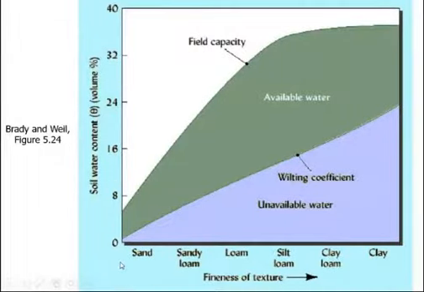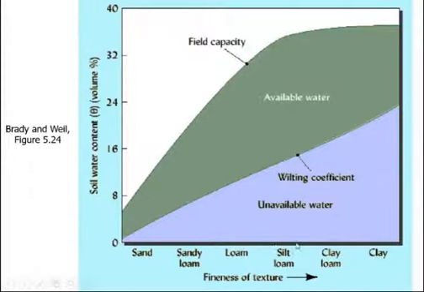This is a figure that illustrates the water content, the soil texture, and the available moisture content. If we concentrate on the available water content and look at the curve, the thicker the spaces, the more the available water content. We can see that sandy soil has lesser available water content.